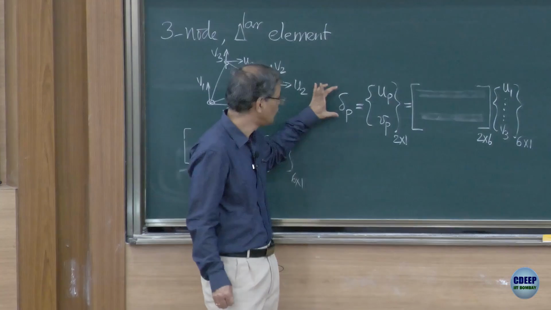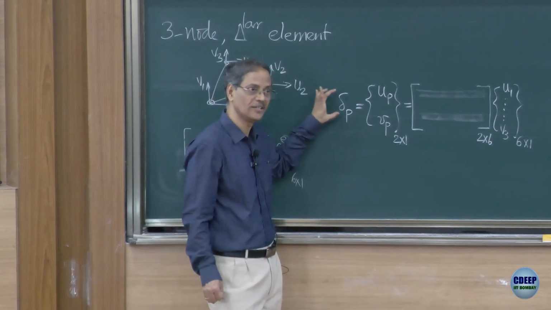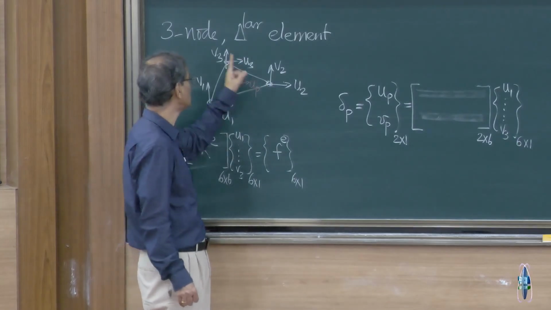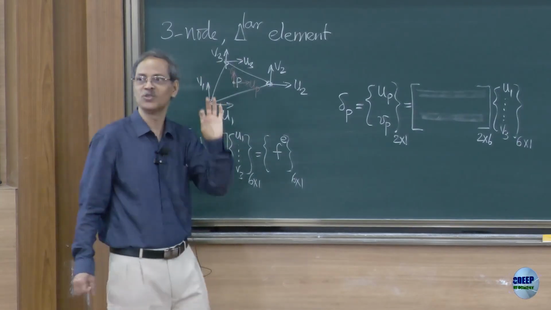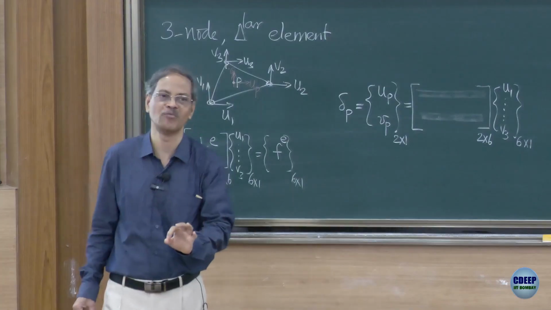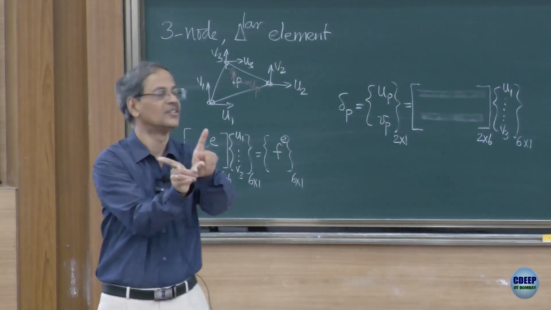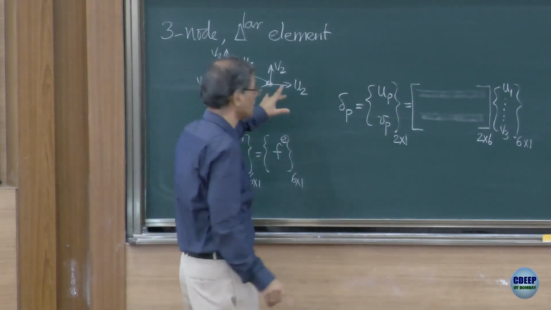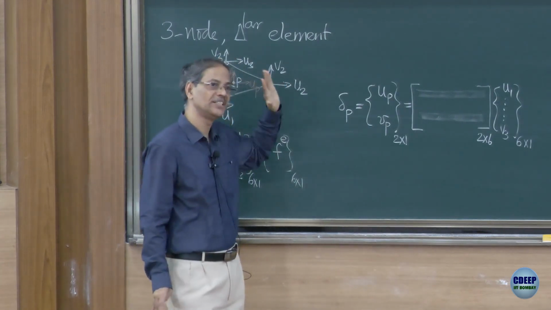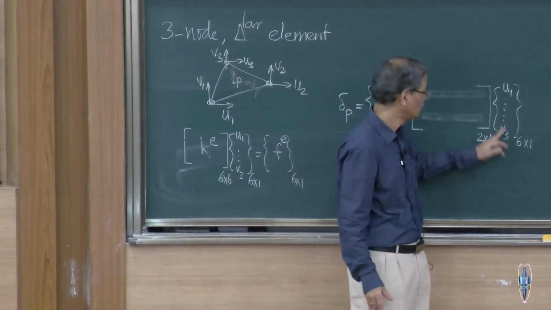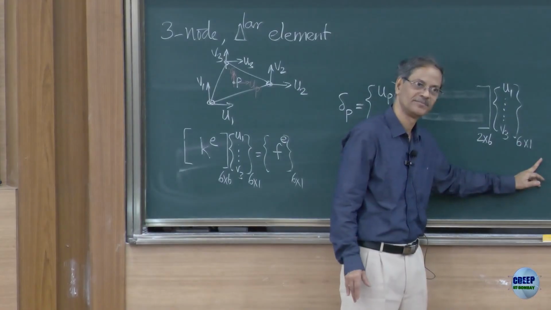The displacement field at any point within the element is interpolated from the nodal values of displacement. The nodal values of displacement in a 2-dimensional problem will be u and v. So, therefore, it is u1, v1, u2, v2, etc., etc. Because it is a 3-node element, there are only 6 of them. So, this is 6 comma 1.